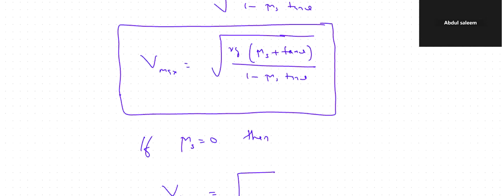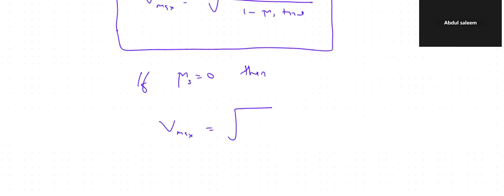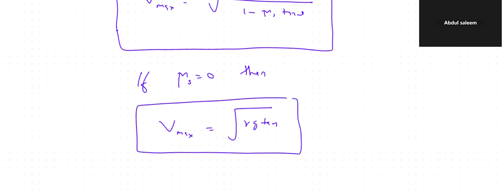In the denominator, 1 minus mu s into tan theta, with mu s 0, becomes 1 minus 0, which is 1 only. So it becomes root of r g tan theta divided by 1, which is no use. This is the formula for v maximum if mu s equal to 0.